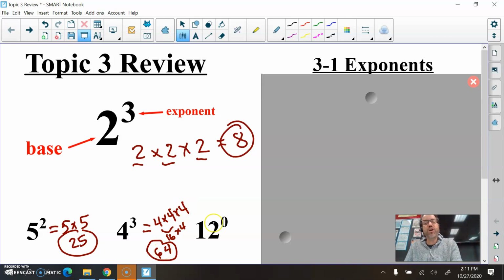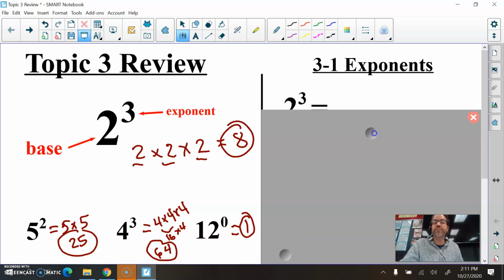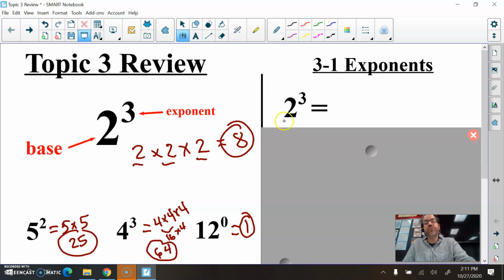And now I have 12 to the power of 0 here. That equals 1. So just as a reminder to all of you, anytime you see an exponent of 0, it has a value of 1. And in fact, I want to show you something here quickly. Take a look here. 2 to the third power, we just did that a little bit ago. It equals 8.